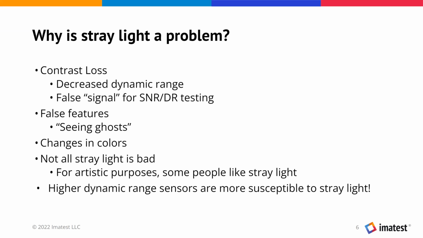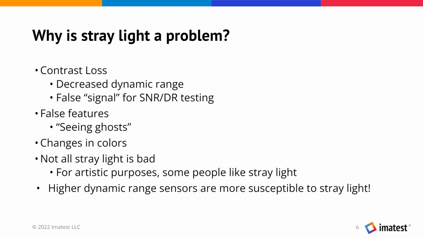It can also produce a false signal for your dynamic range testing or SNR testing, so it will effectively increase the measurement or the signal for your dynamic range test, which is going to give you a false measurement or an overestimation of the dynamic range. It'll lead to false features in the scene. You'll literally see objects that aren't there, i.e. ghosts, and changes in colors, which can be undesirable.